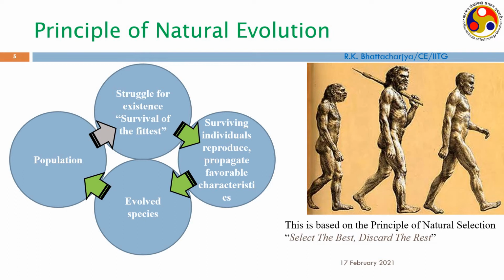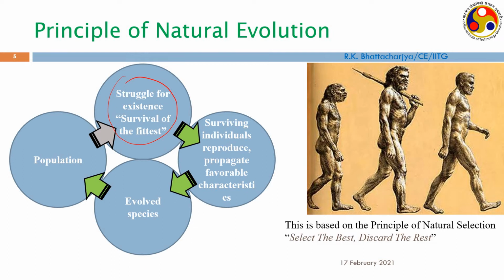The fit will survive, and those who are not fit will be eliminated from nature. So one is the struggle for existence. And the second is that surviving individuals reproduce, those who have survived in that particular environment.